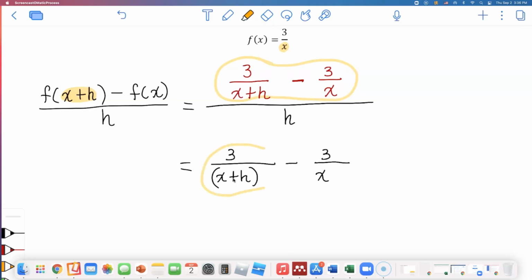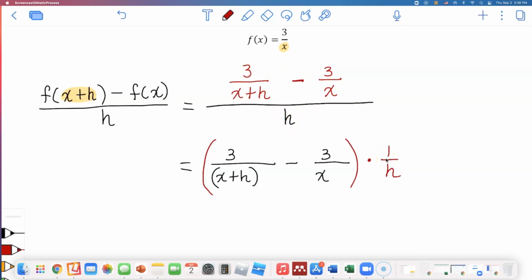I will go ahead and multiply this by 1 over h when I'm done. See, dividing by h is the same as multiplying by 1 over h. I just didn't want to have a fraction within a fraction, so I pulled out the h for right now.